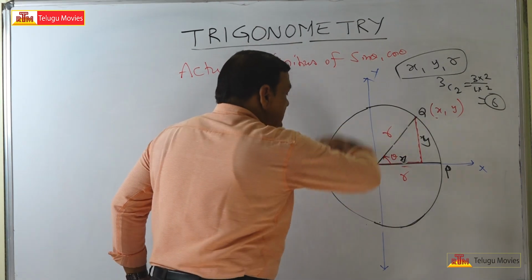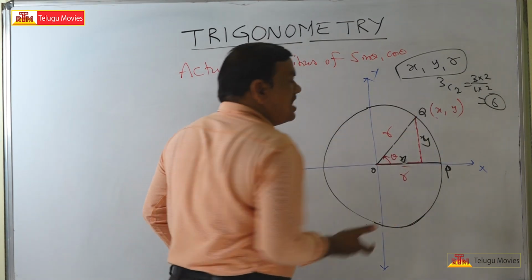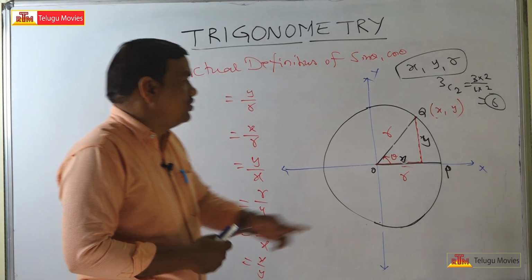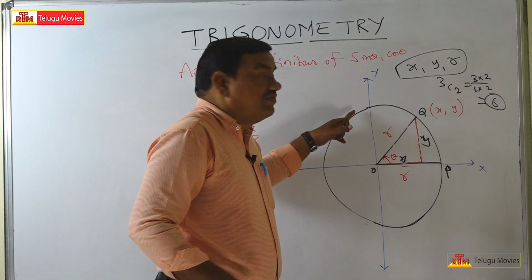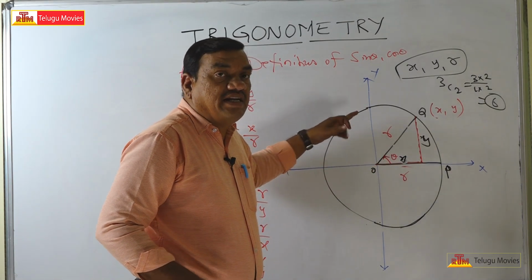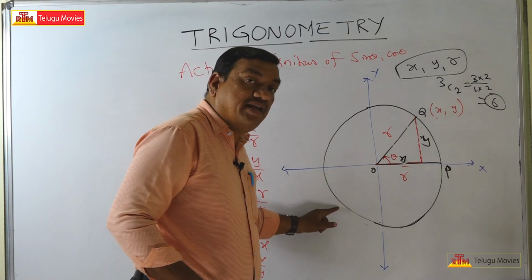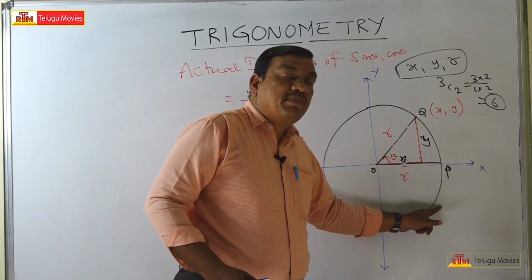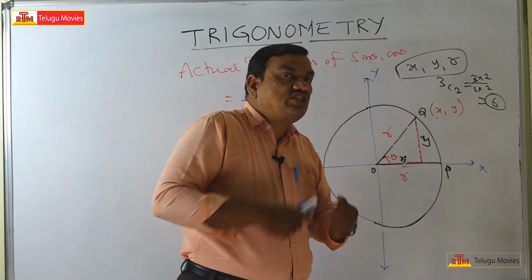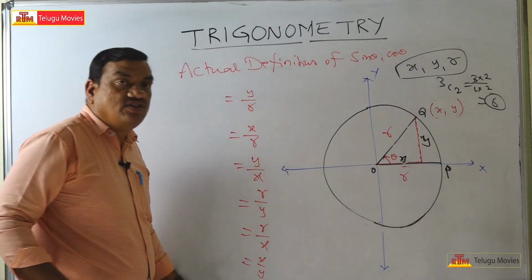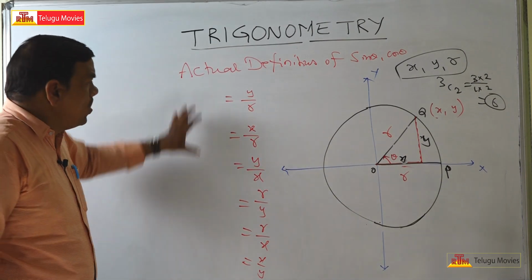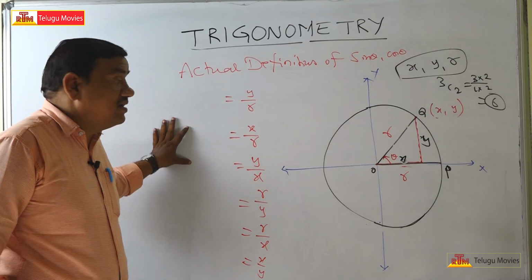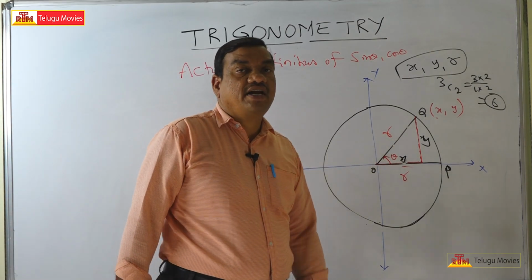As it rotates, the x value and y value are positive here, plus or minus values come in other places, and the values will change. All these ratios depend upon theta.